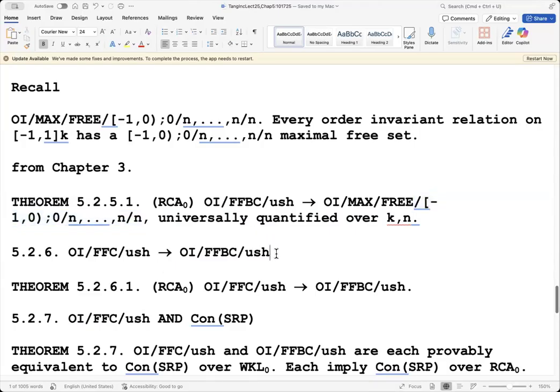All right, next we want to prove this, that having a free choice function, you can find another free choice function that has the boundedness condition. Well, the basic idea is you have to come up with a more complicated order invariant relation, so that a regular one here for that one will give you a bounded one for the original.